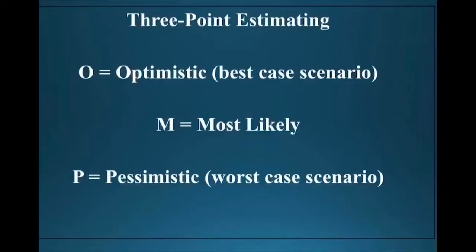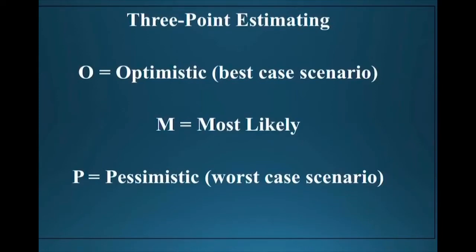This way, we're using 3 points to create an estimate. Now, we refer to the pessimistic as P, optimistic as O, and most likely as M. So when we have our formula and when we're doing our estimate, we will see O for optimistic, M for most likely, and P for pessimistic.